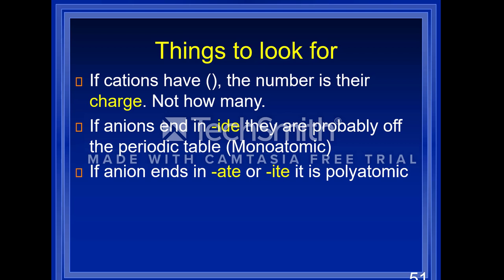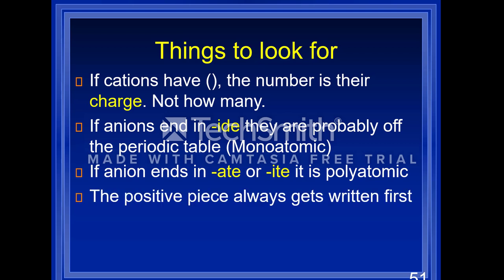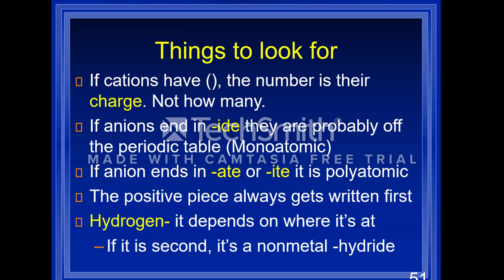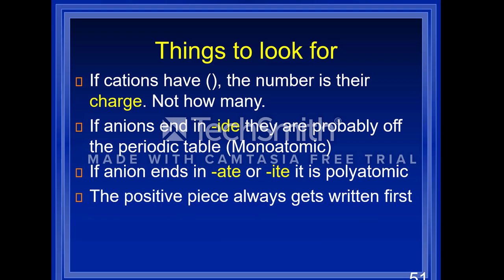If it ends in ATE or ITE, it is polyatomic. And just because I saw a few people doing this and I want to break the habit right away, in both the name and the formula, the positive piece always gets written first.